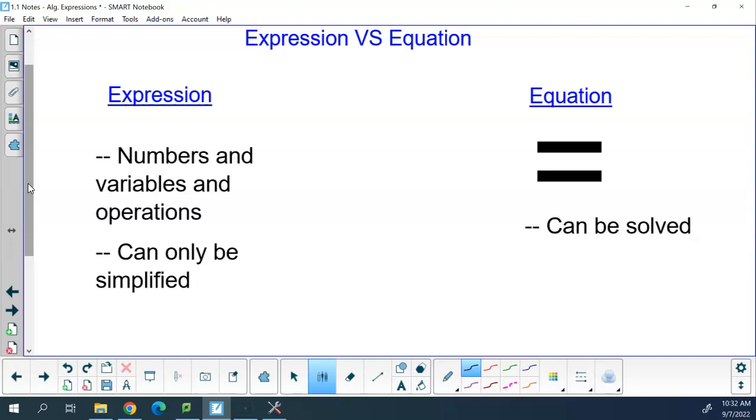Now, later on today, and I think somewhere on your yellow worksheet for this week, let me see if I got one on there. I did. Numbers 3 through 5. You can evaluate an expression, meaning you can plug a specific, given value into an expression and evaluate that out and get a number out. But that is not solving. That is just a value.